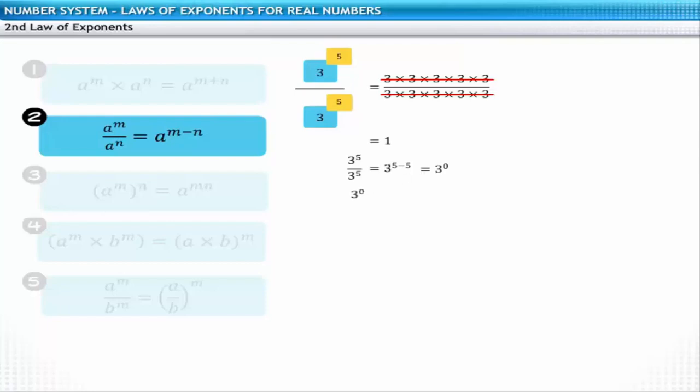If we equate the solutions obtained by both methods, we get the following expression. Based on this result, we arrive at another generalization: any non-zero real number raised to the power of 0 is equal to 1.